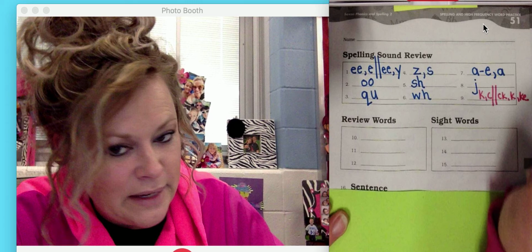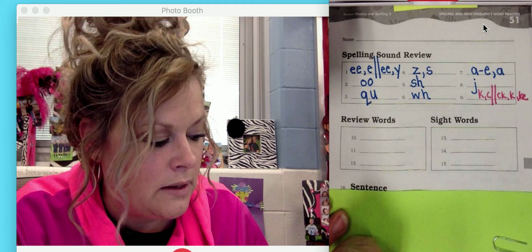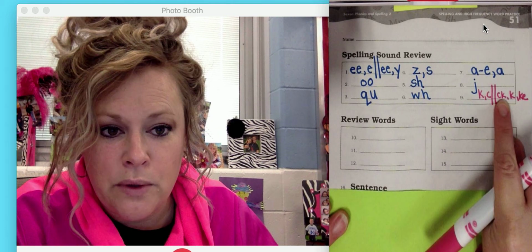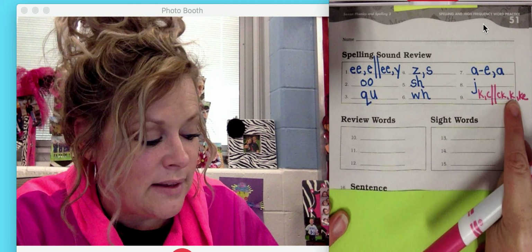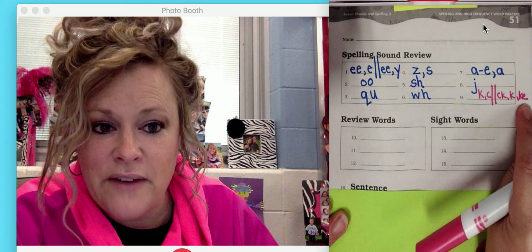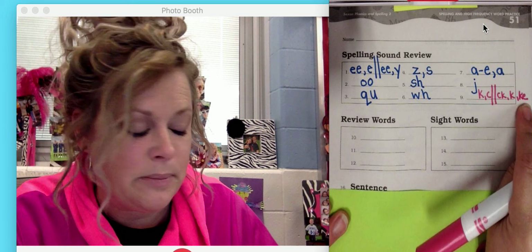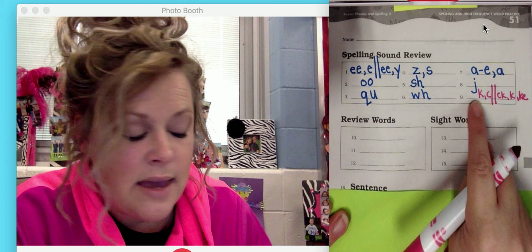While you're finishing writing that up, just to remind you, spelling with a K in the final position is a CK after a short one-syllable word and a short vowel, a K when following a consonant or a vowel digraph, or a KE when it follows a long vowel. So those are your 3 options when spelling the K in the final position. In the initial and medial position, you have K and C. K.